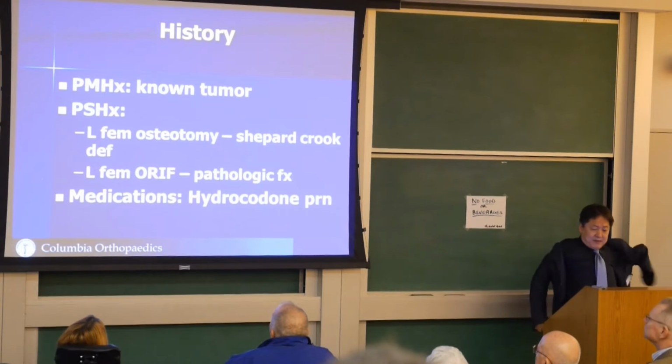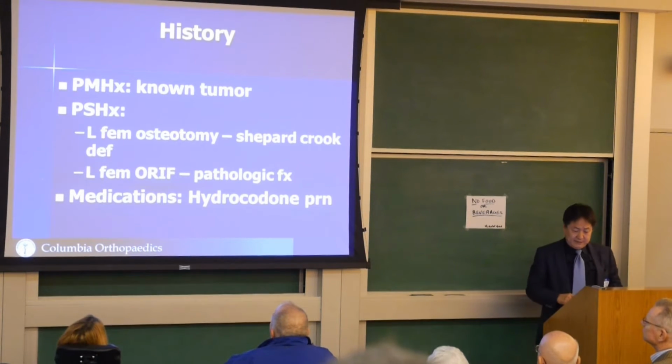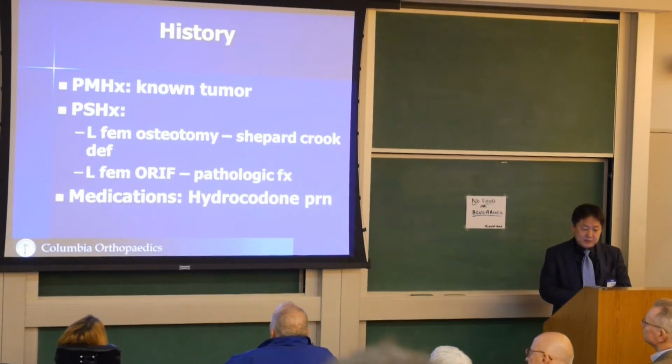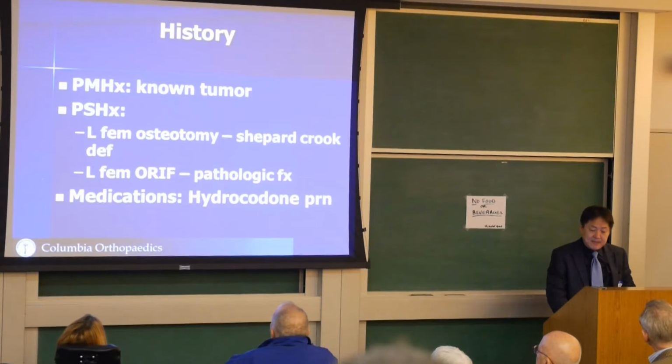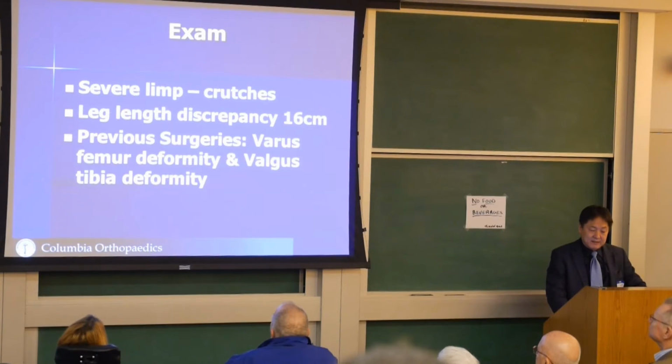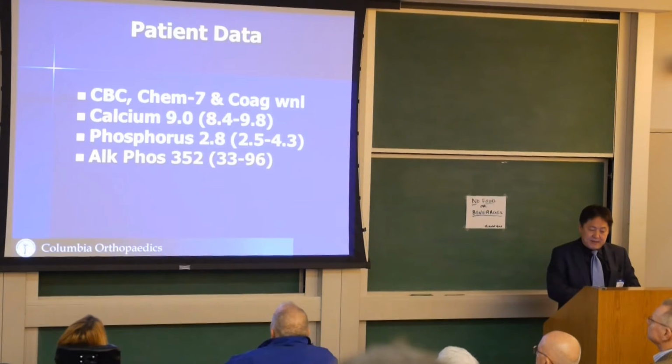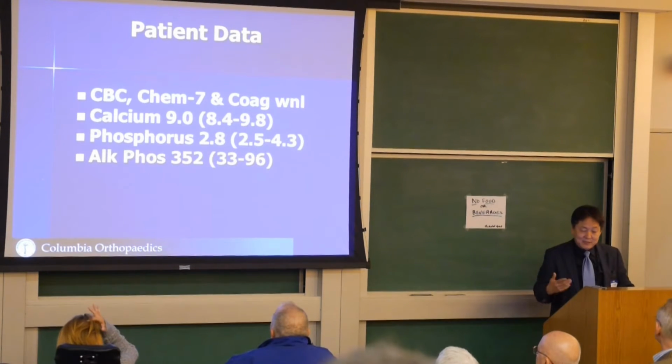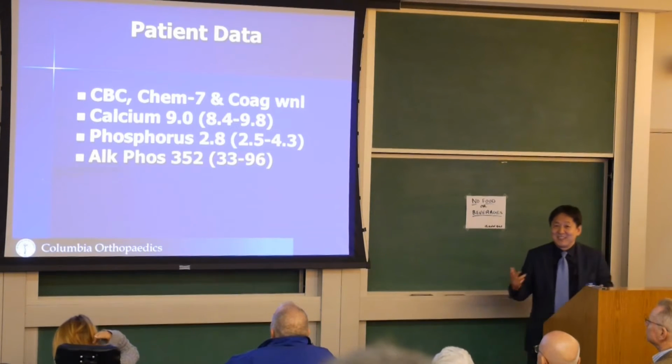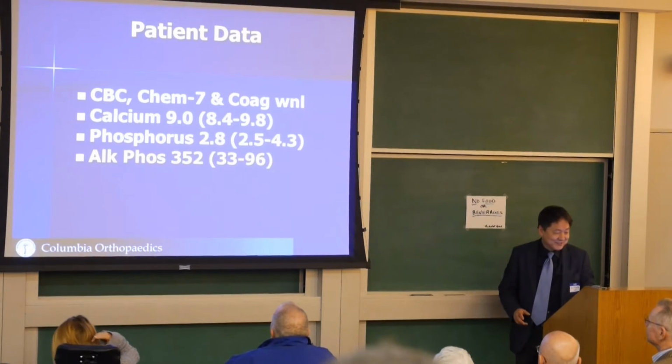She had a surgery in Philadelphia when she was a child, and she had several surgeries, as Dr. Stephan mentioned. She needed a high level of pain medication to control pain once in a while. Her laboratory test showed alkaline phosphatase was elevated. I do not know the significance of alkaline phosphatase activity in fibrous dysplasia patients.